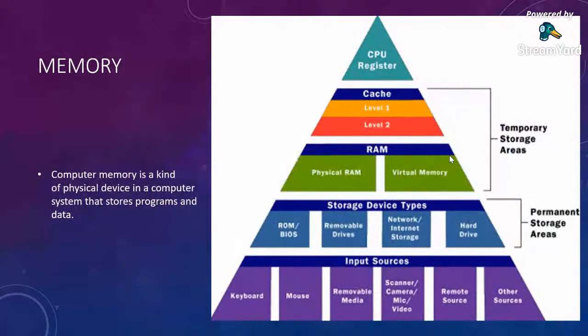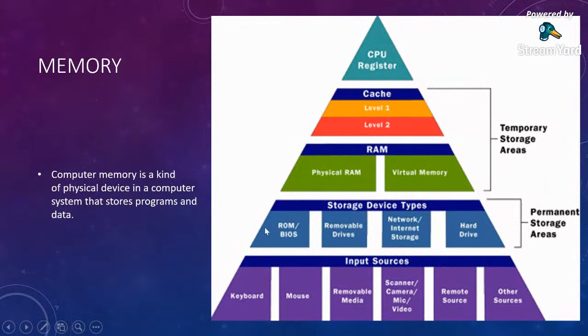So what is actually memory? Memory is a kind of physical device in a computer system that stores programs and data. So we see the CPU registers, which have levels: level 1, level 2, and so on.